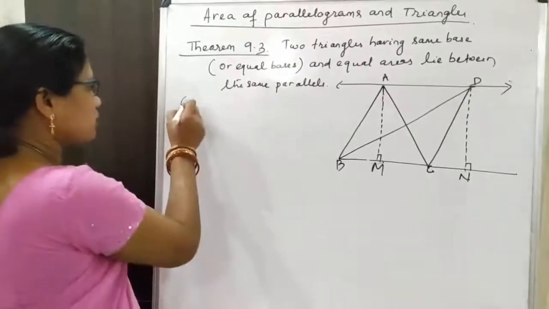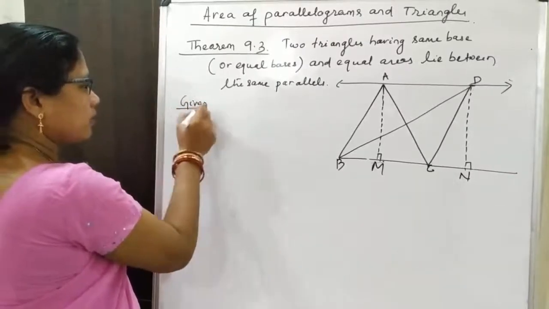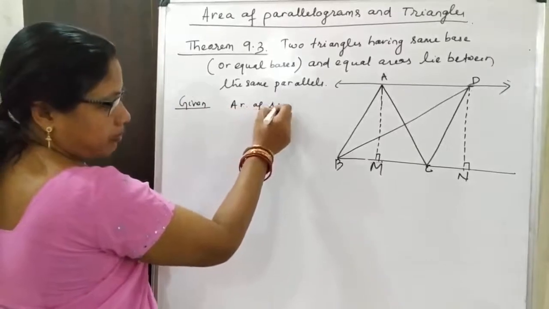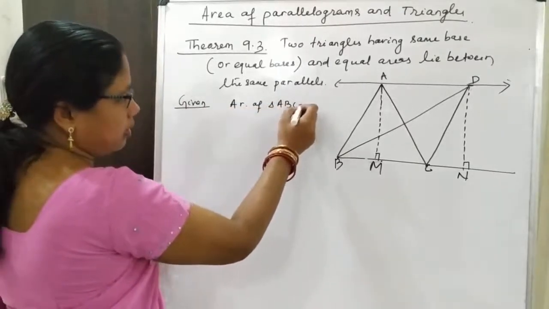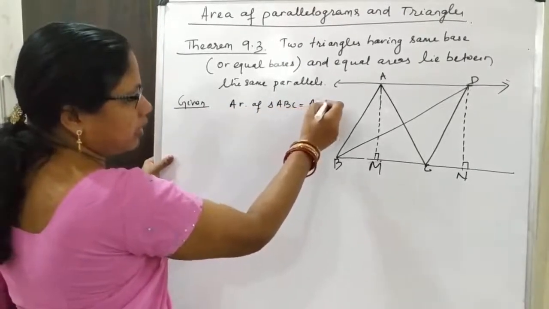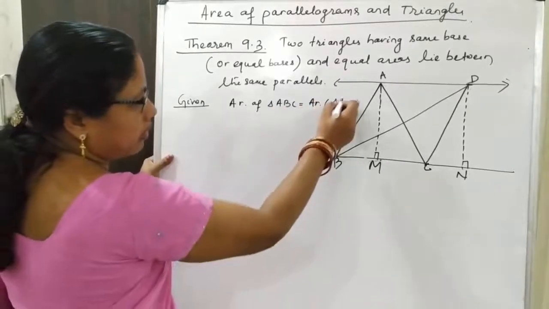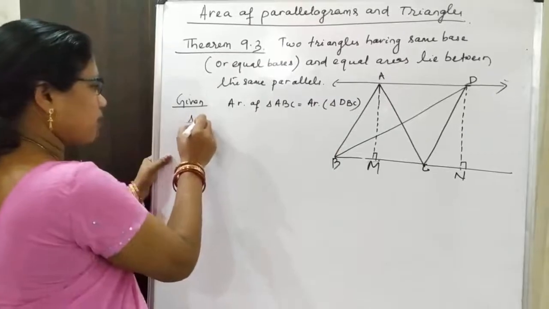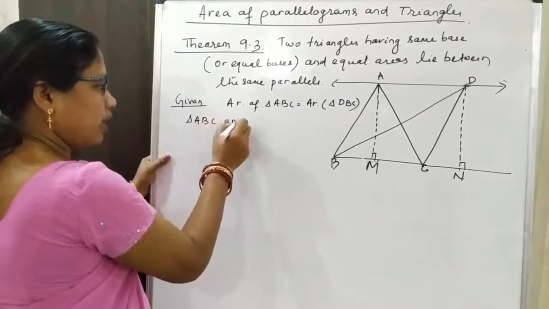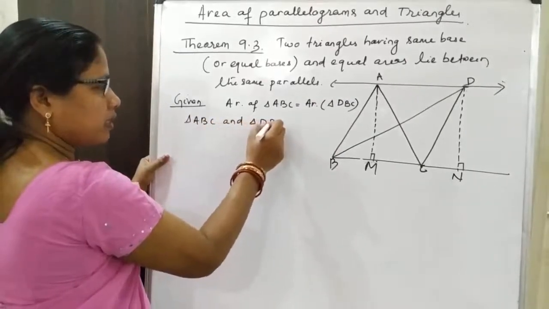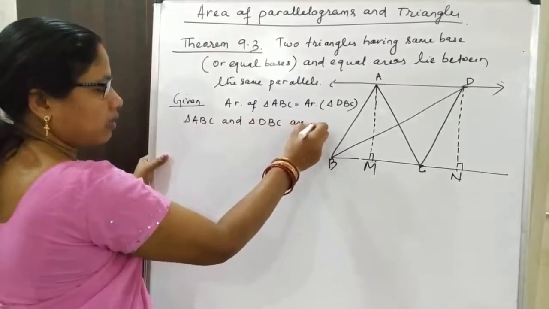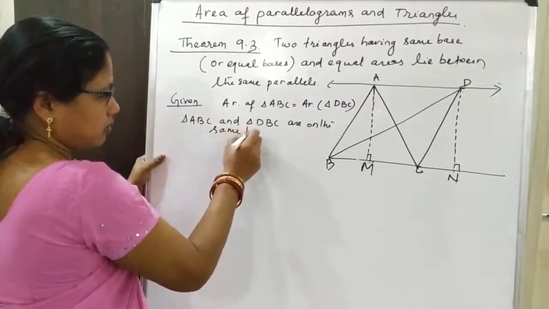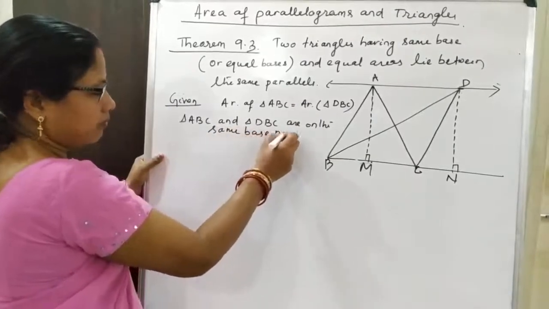Here it is given that area of triangle ABC is equal to area of triangle DBC, and triangle ABC and triangle DBC are on the same base BC.